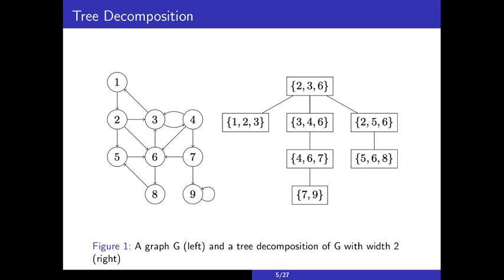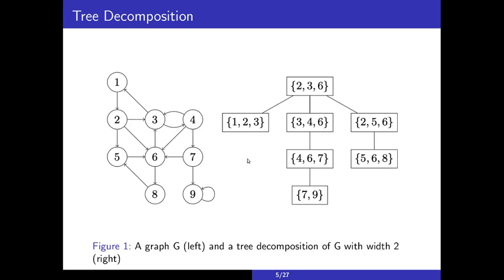For example, if we remove this bag containing vertices 3, 4, 6, and also these vertices from the rest of the bags of the tree decomposition, and consequently remove vertices 3, 4, 6 from the initial graph, we are left with two connected components in the initial graph. The first one being 1, 2, 5, 8, and the second one being 7 and 9.